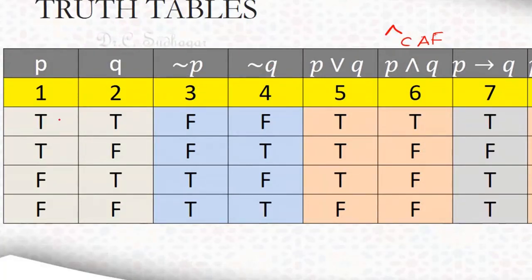Look at these two values: when you have an F, you can put an F here. Here there is no F, so we put a T. Even if one F is there, no problem, you put F. If two Fs are there, then also you put F. Only at this place we don't have any F, so we make it T. This is how you can remember the OR and AND operators.